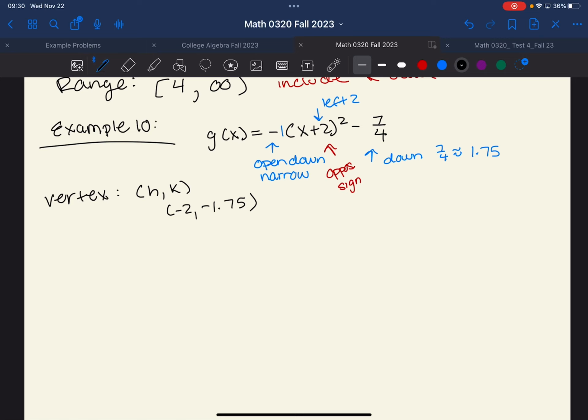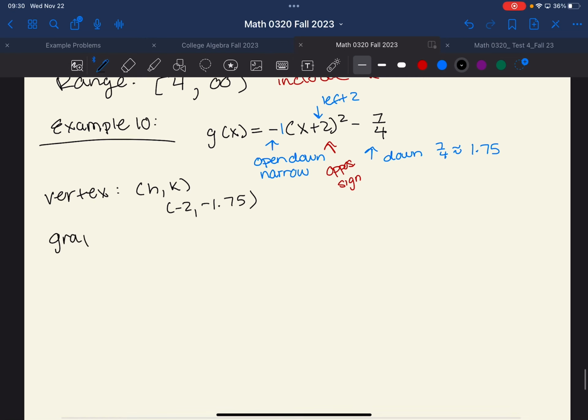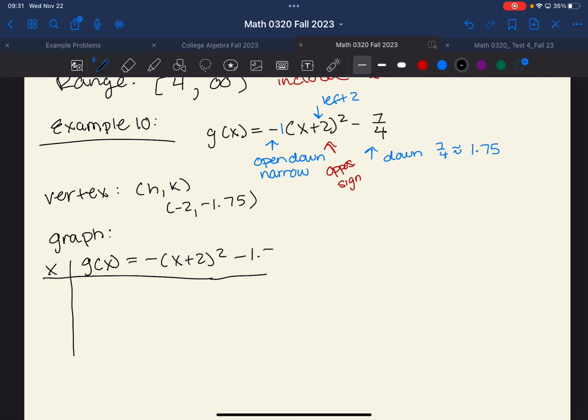So from here, now we're graphing. And then remember, in order to graph, we need a couple more points. So we have 1 point, the vertex. Now let's get, let's say, 3 more points. And I'm just going to write minus 1.75 at the end because we know that's 7/4, to make it easier when we're plugging into our calculator.